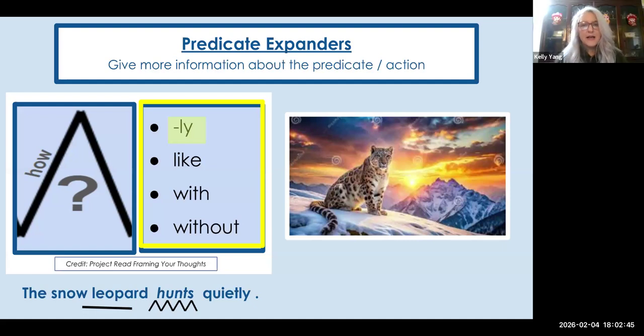Yeah, so I would say like is really a great one to teach because they love it. Second graders typically learn similes in their classroom anyway. So then you get the snow leopard hunts like... I can't think of anything with like off the top of my head, but with energy, without a noise.